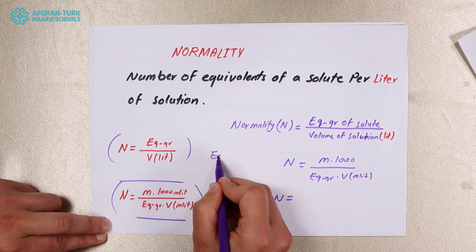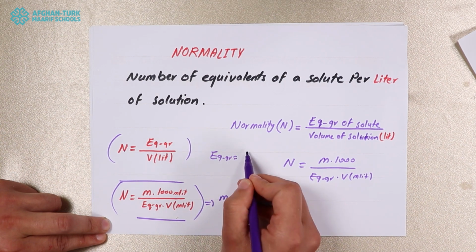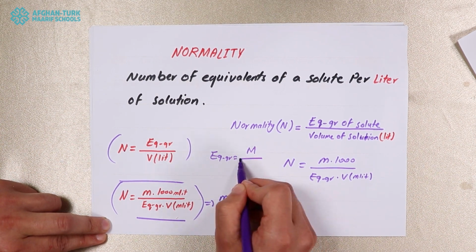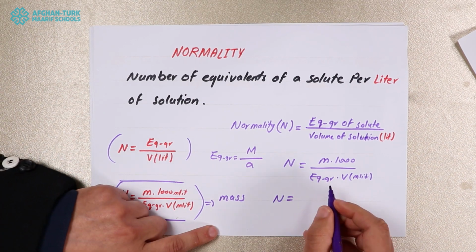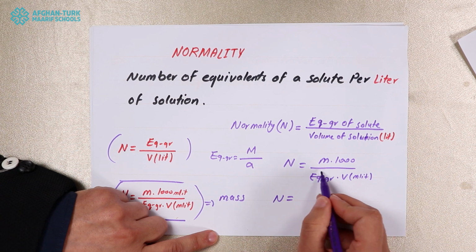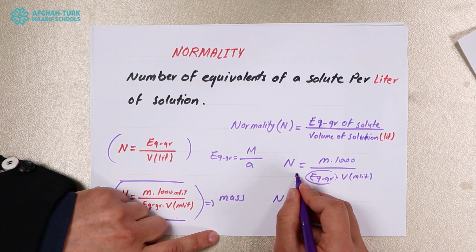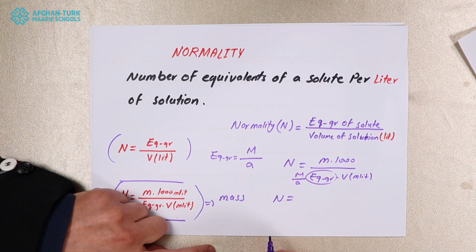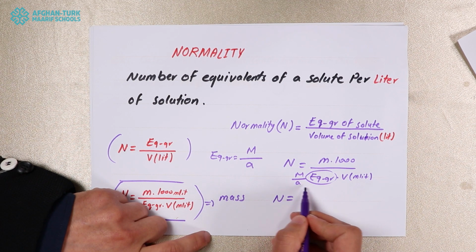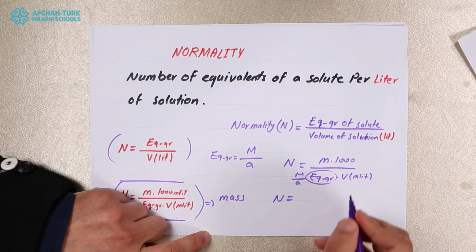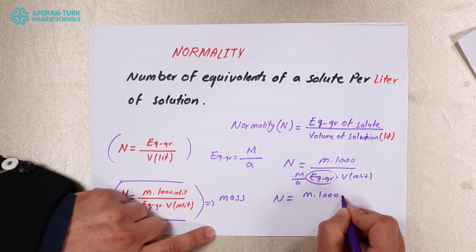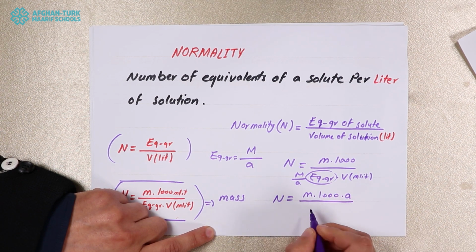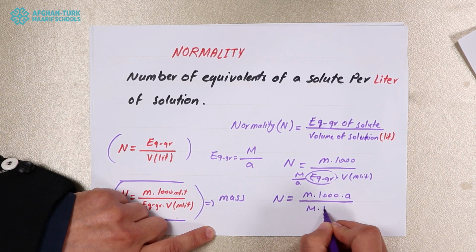What was the equivalent gram formula? It was molar mass divided by mole factor. We can substitute instead of equivalent gram: molar mass over A. If we bring A into the numerator, it will become mass times 1000 times A divided by molar mass times volume.